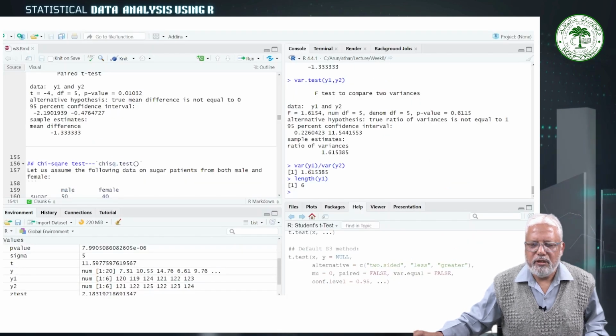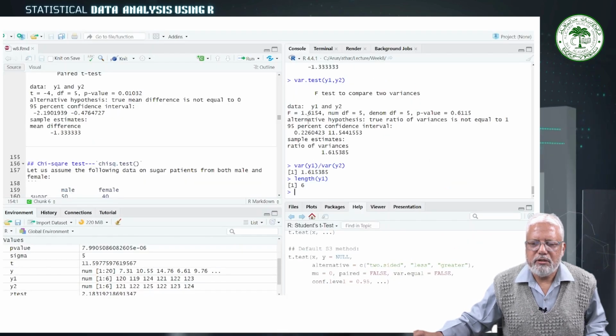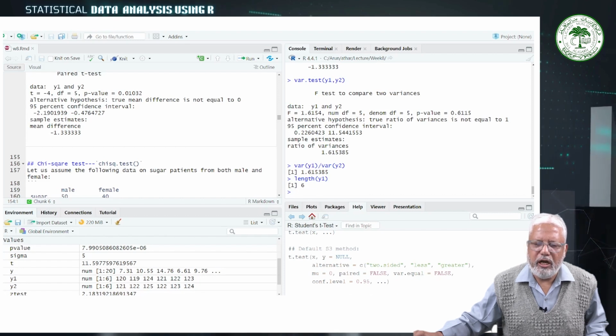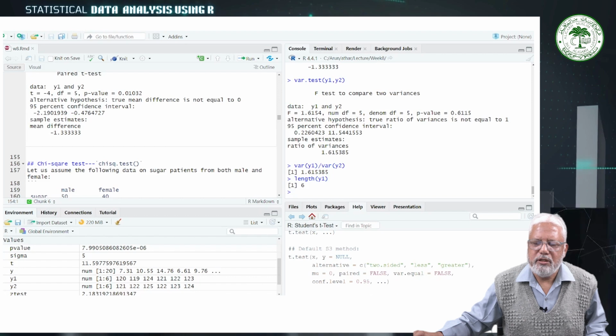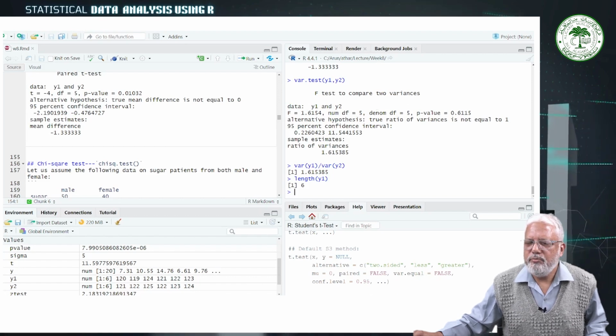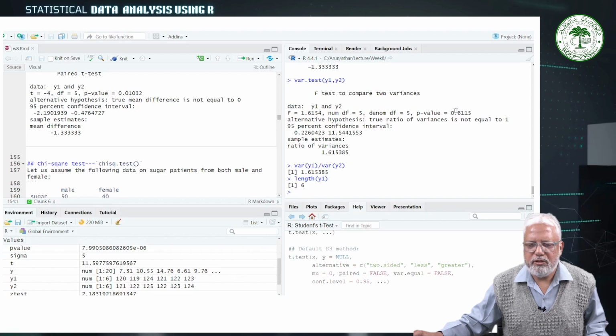See here, var.test: F ratio is 1.61, although it is much greater than 1, but it is not significantly different from 1 because p value is 0.61.